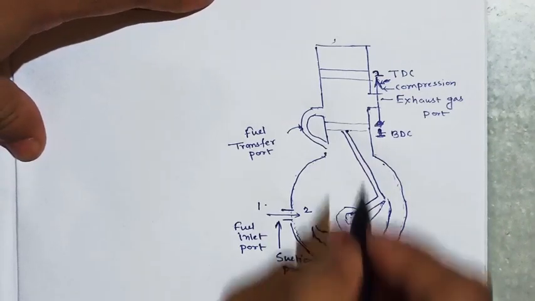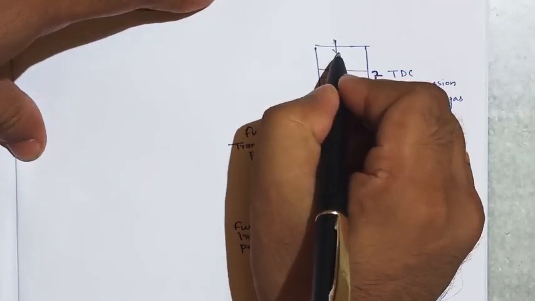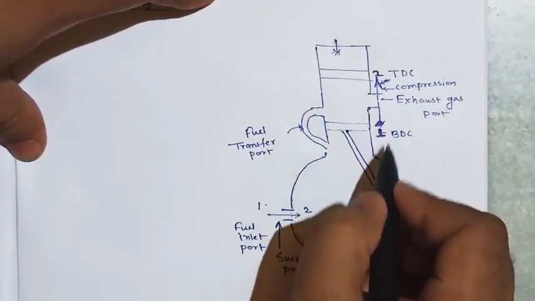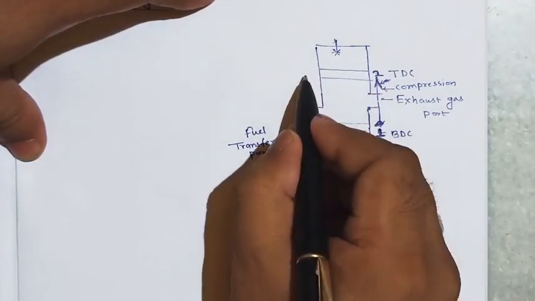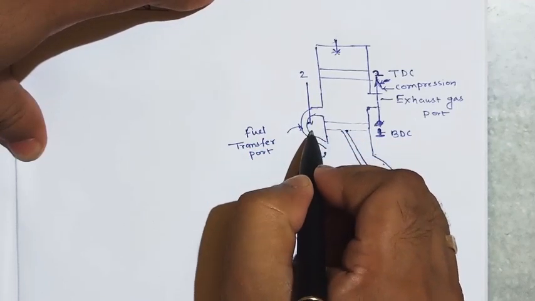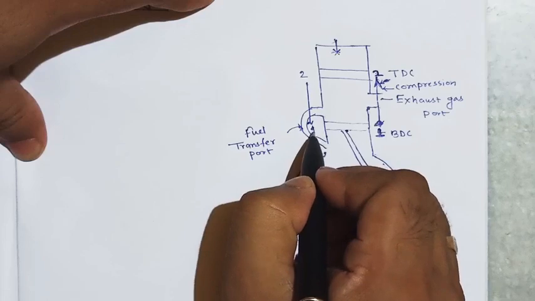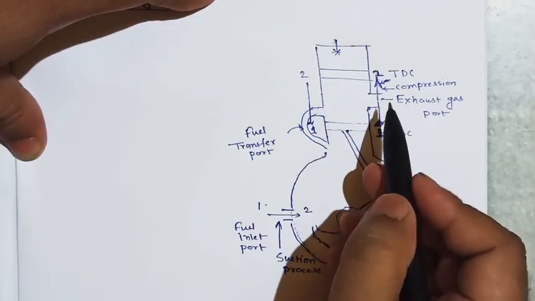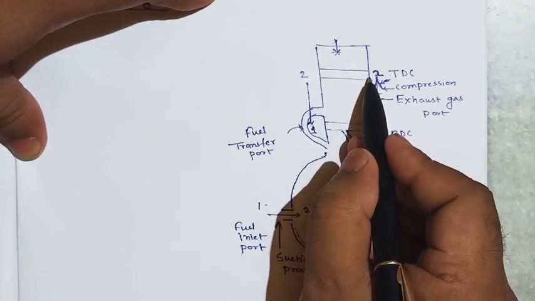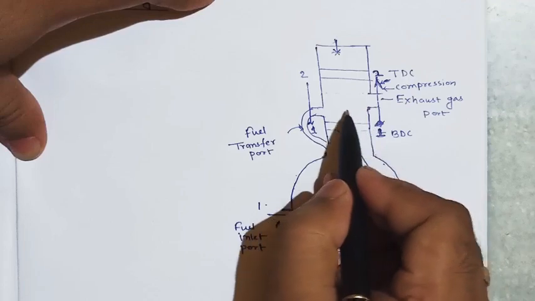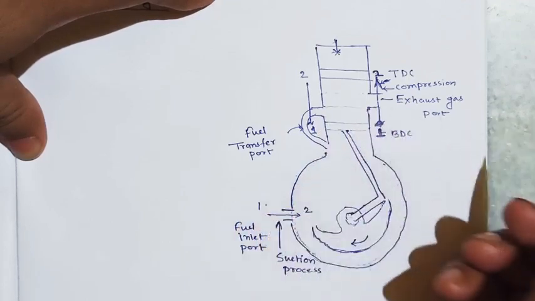After the suction, a spark will generate here and combustion will take place. Due to the combustion, the piston will try to move from 2 to 1. Before that, the piston will move up to that, then it will reach up to that.